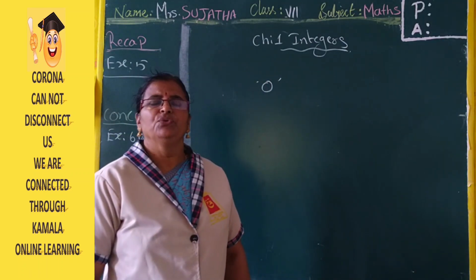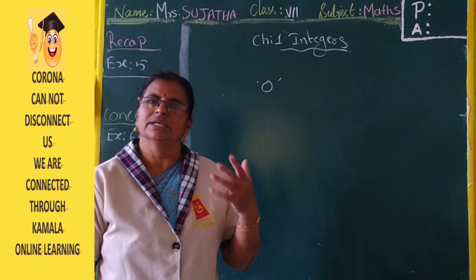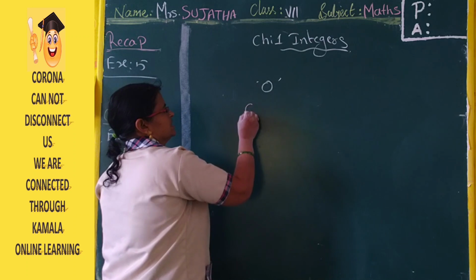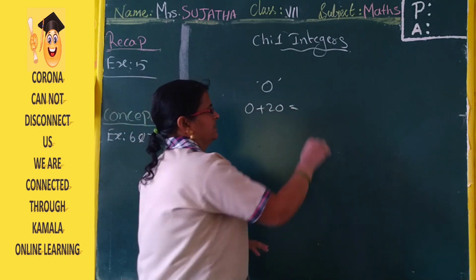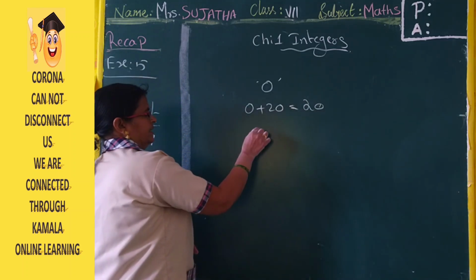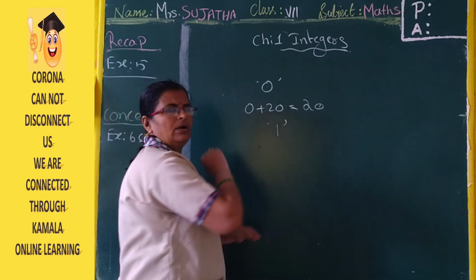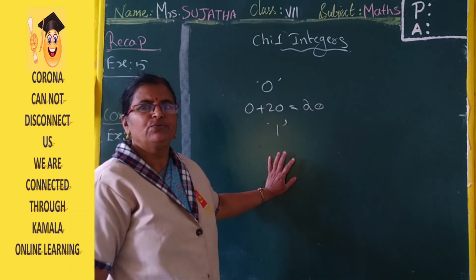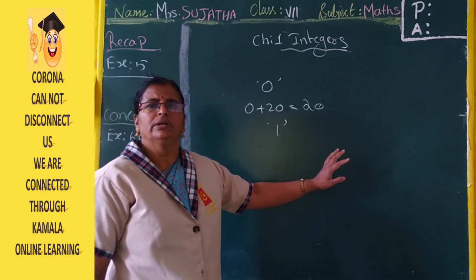That means if you add 0 to any number, what sum will you get? The number itself. That is, I add 0 to 20, then I get 20 only. Then what is multiplicative identity? 1. 1 is called multiplicative identity. If you multiply any number by 1, what product will you get?